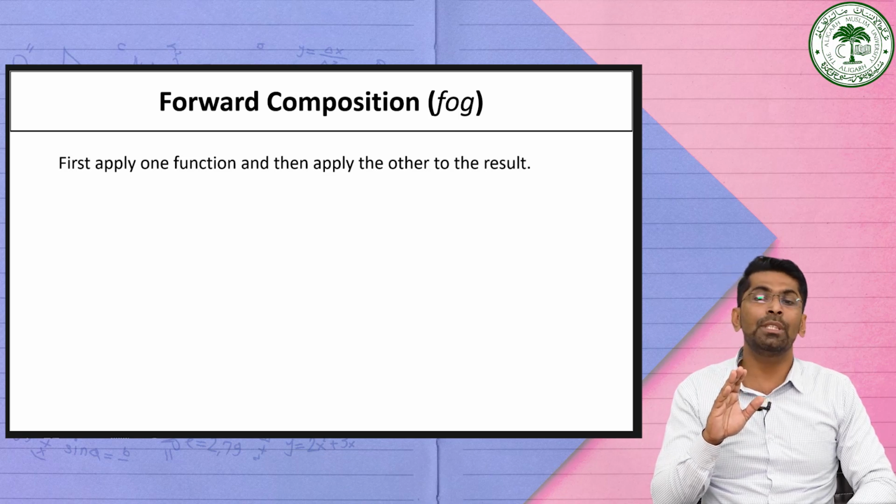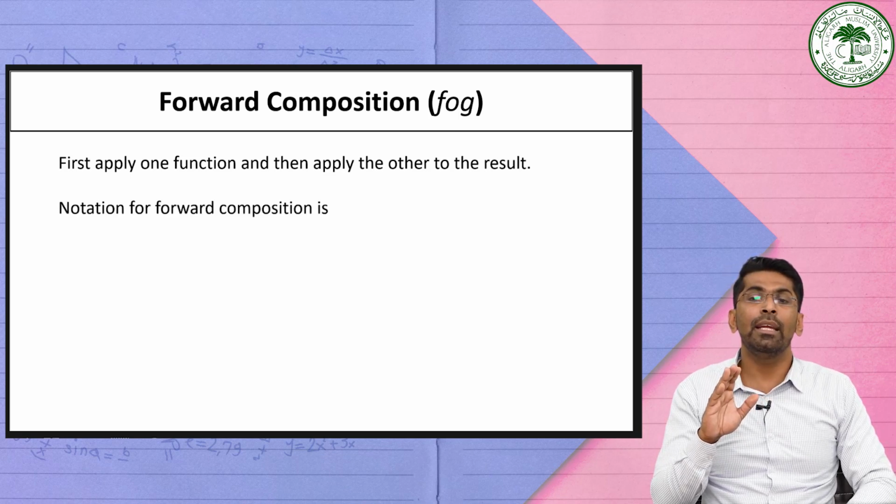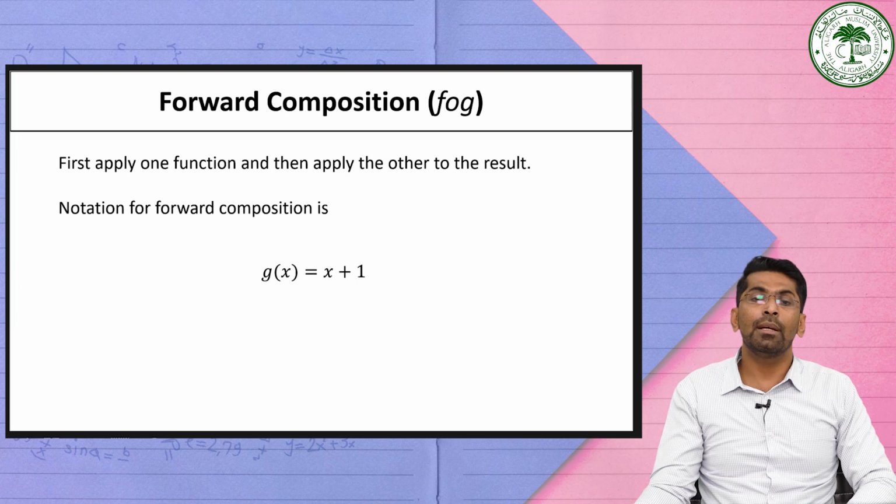The notation used here is f of g, where f and g are the two separate functions.